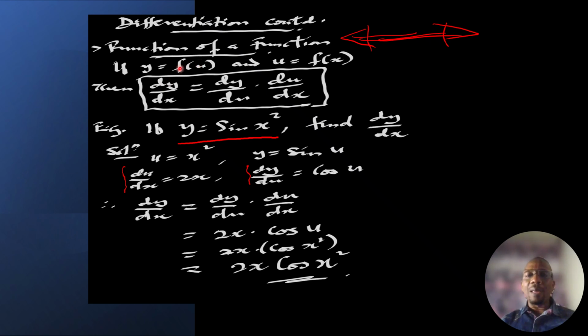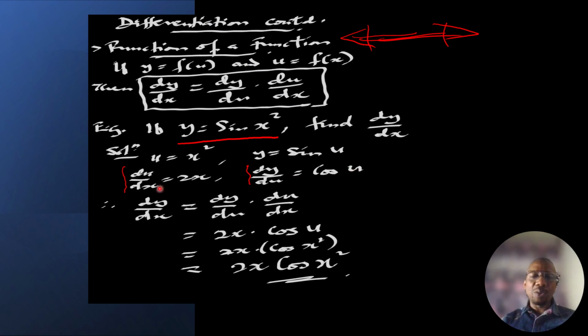If we have a function of a function, y equals f of u and u equals f of x, we have dy dx to be dy du multiplied by du dx. So if y equals sine x squared, u equals x squared and y equals sine u. From here, we know that du dx is 2x, while dy du is cos u, since the derivative of sine u is cos u.